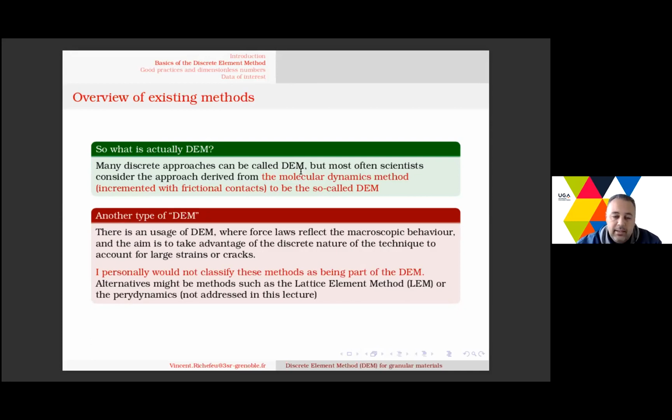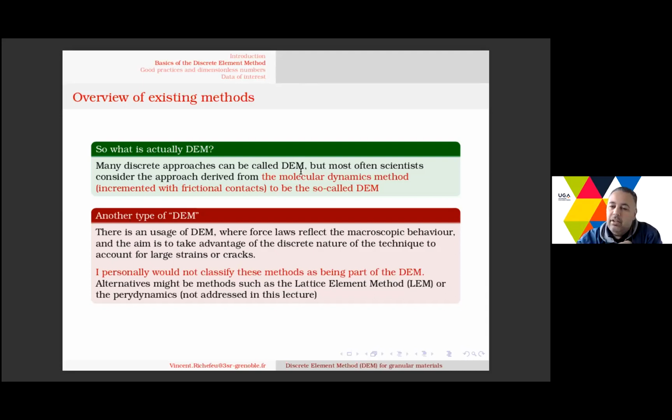Actually, you will see it's easy to program with DEM, and some authors thought about using DEM to model, for instance, concrete. And with DEM, you can have large strains easily. You can have cracks, etc. And these authors tried to use force laws between the particles that reflect what they observe macroscopically.